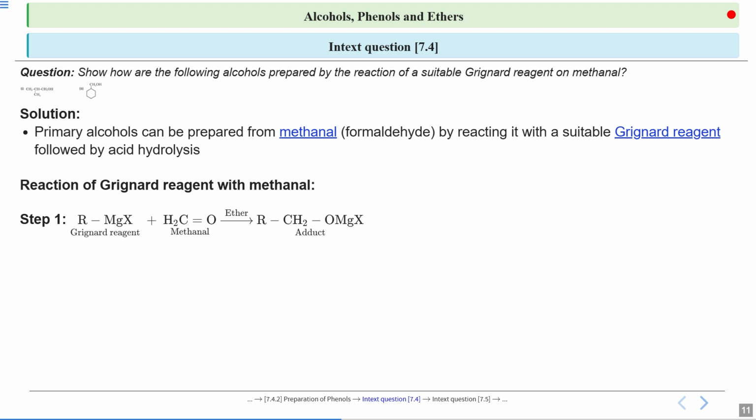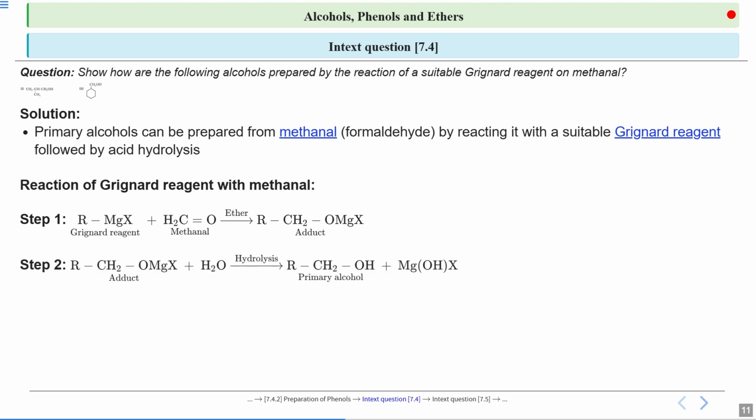Okay, this carbon becomes positive, because the electron of the carbon oxygen bond will shift towards the oxygen due to its higher electronegativity. The R from the Grignard reagent has a partial negative charge, so this R will attach with the carbon of the methanol and gives us an adduct.